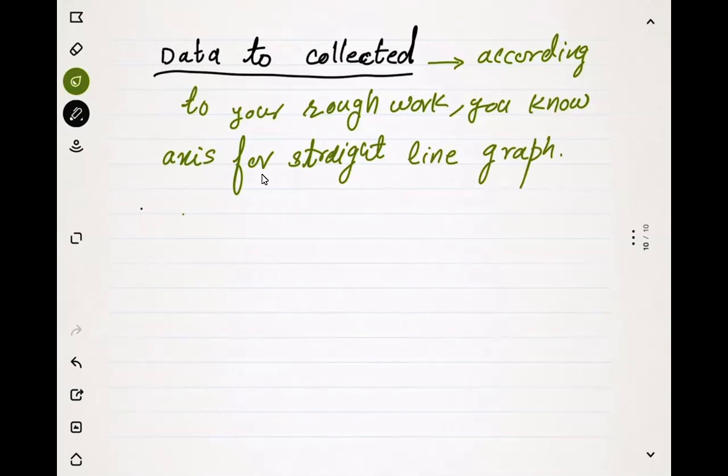Make a data table with column headings which must include those axes for the straight line graph.